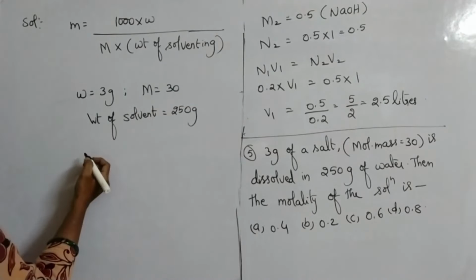You can cut this by 5: 5 twos are 10, 5 fives are 25. So 2 by 5, which is equal to 0.4. So the answer is molality is 0.4 m, small m. Yes, we'll go to the next question, 6th question.